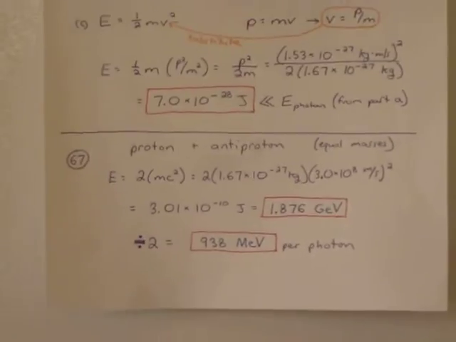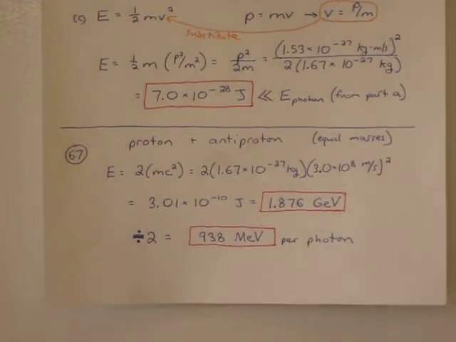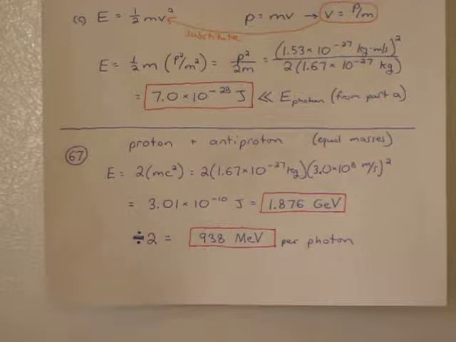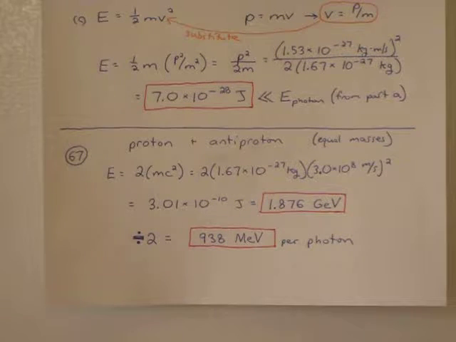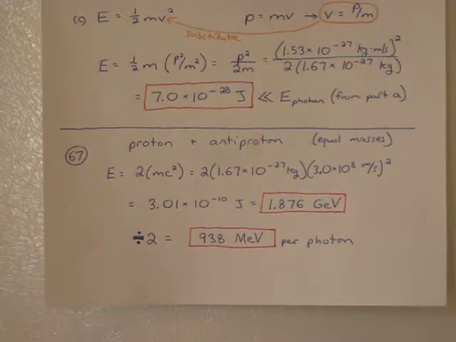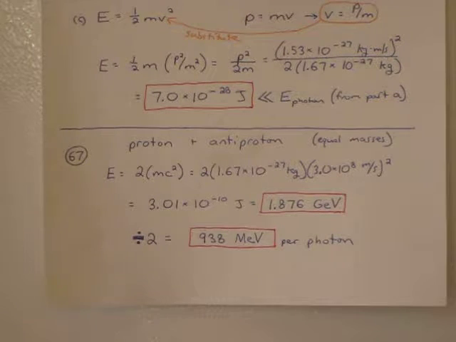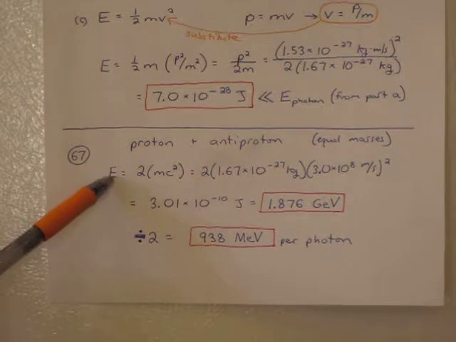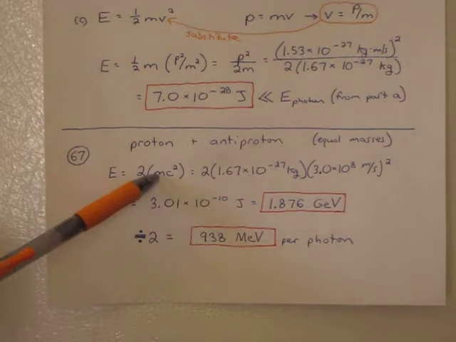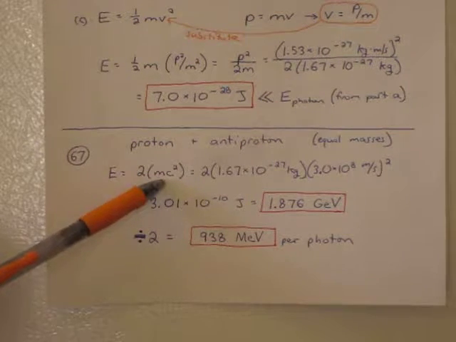Okay, number 67. Find the energy needed to produce a proton-antiproton pair. Energy is mc squared. These two things have equal masses, the proton and the antiproton. So we're going to say the energy needed is twice the mass of a proton times c squared.